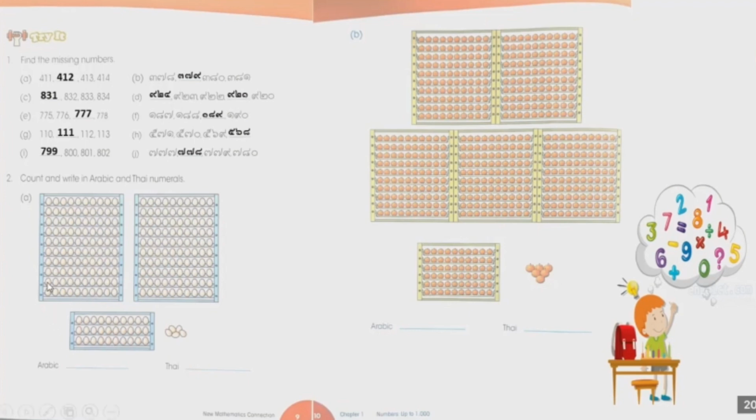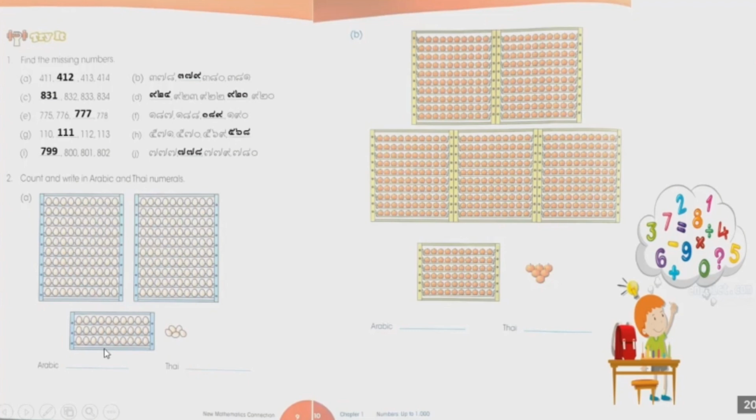Now number 2. I told you already how to count numbers. This is one stack. One stack is equal to 100, right? So there are 2 stacks, that means 200. Now here, 1 tray, how many eggs? 10 eggs. 2 trays, 20 eggs. 3 trays, 30 eggs.